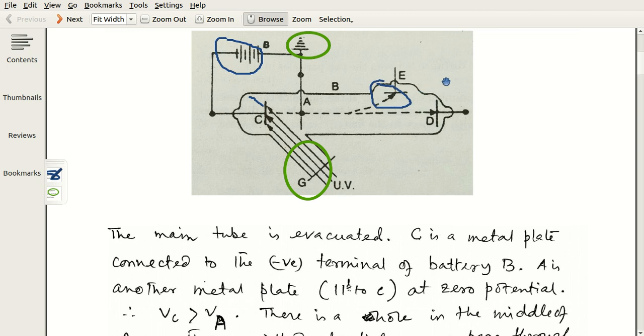This plate collects the electrons when the magnetic field is on. So when the magnetic field is on, all the electrons go to this plate and are collected there, and then put into a circuit which is again not shown here.